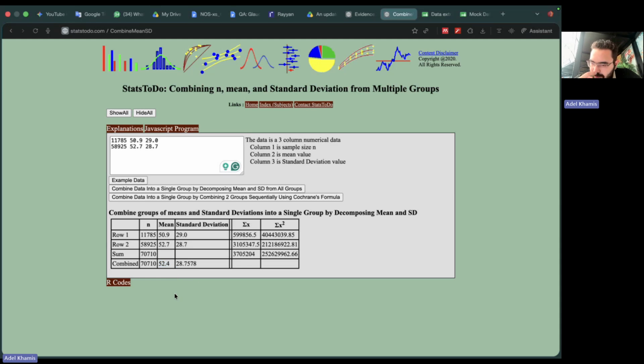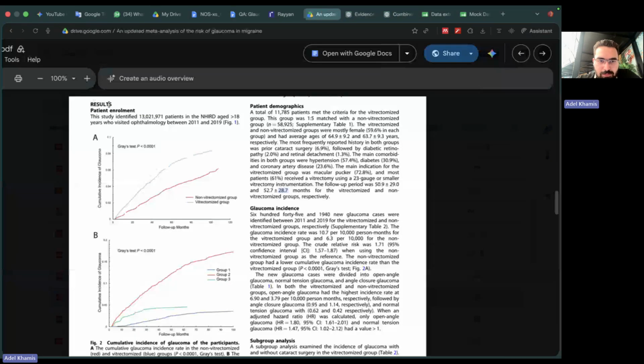So now we have the other skill that you need to know, the conversion of median and interquartile range into mean and standard deviation. So there is another example here.